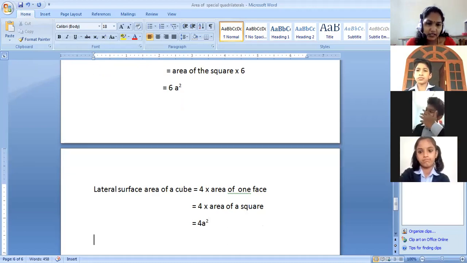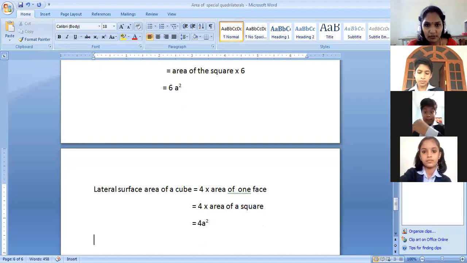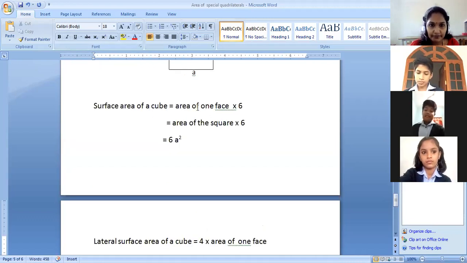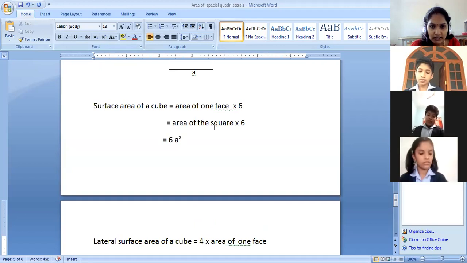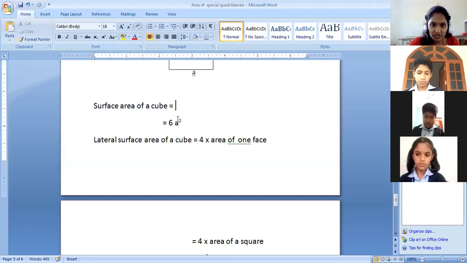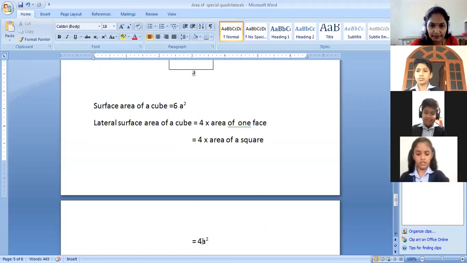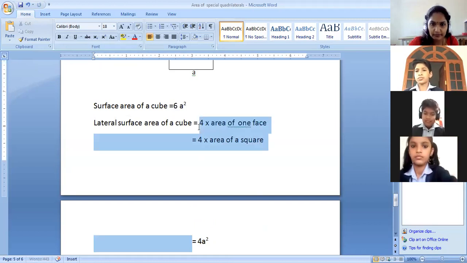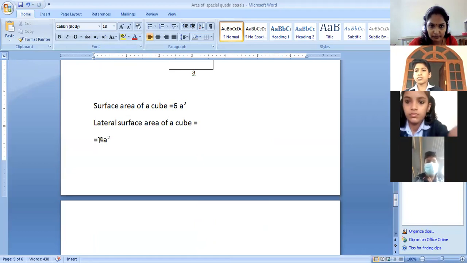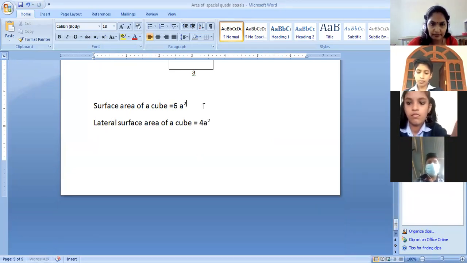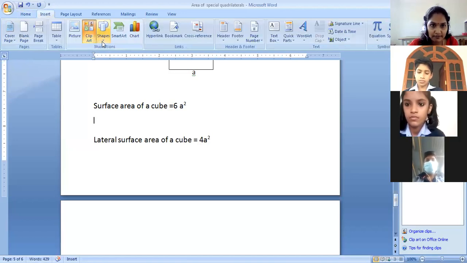No, you have to write. What you have to write? You have to write in a fresh page that surface area of a cube, and put that in a box.